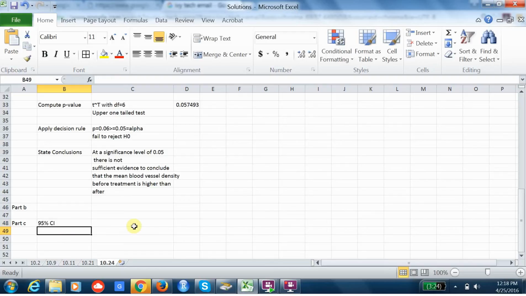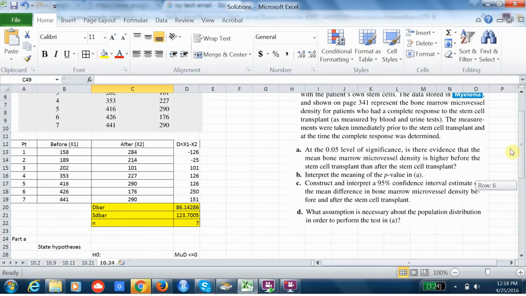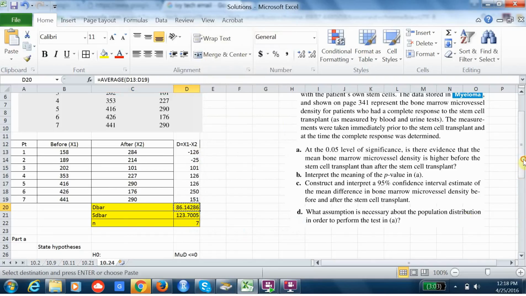Well, we need the margin of error. Well, first I'm going to put d bar. We need the value of d bar, which is just this. And let me just copy it. I'll just copy it without using the formula.